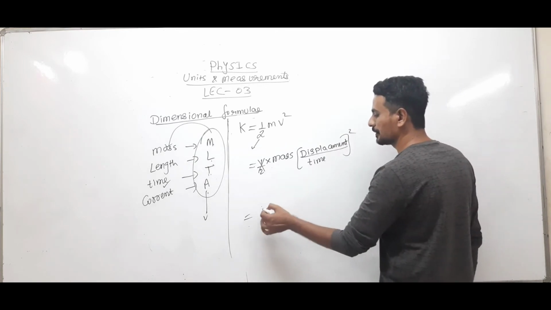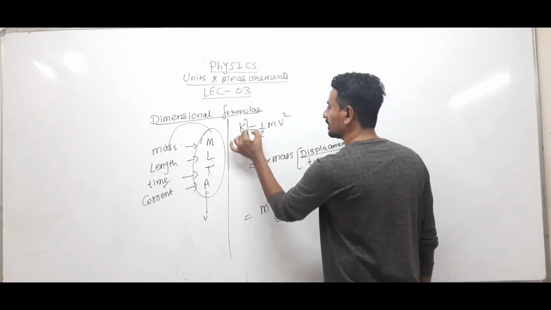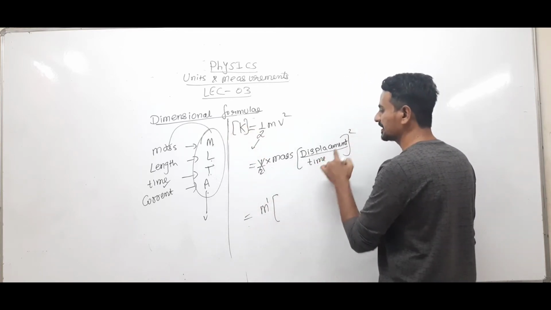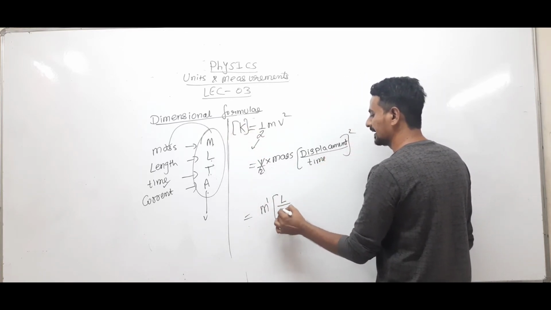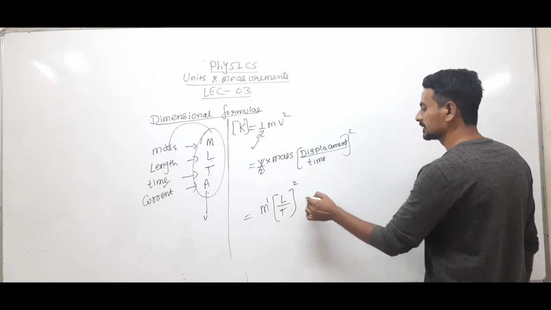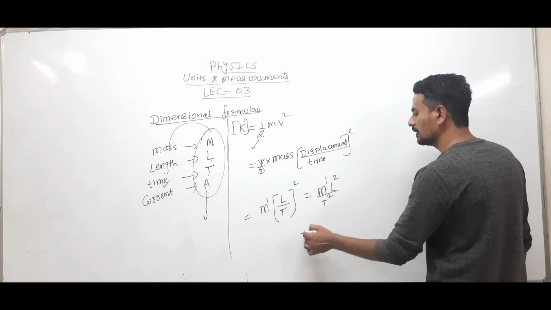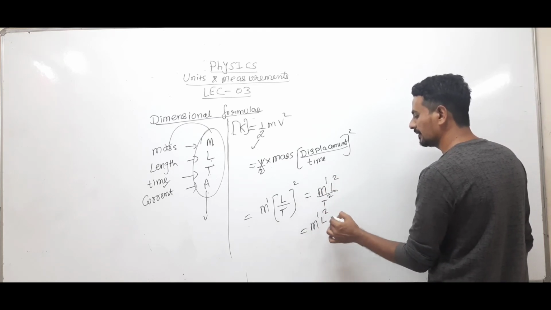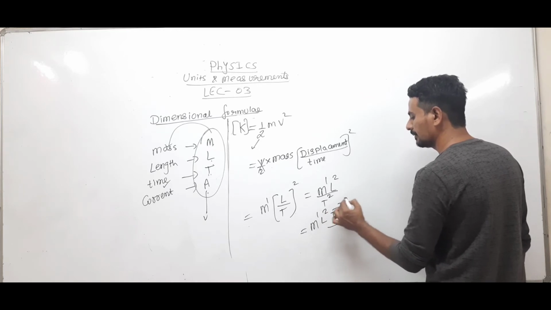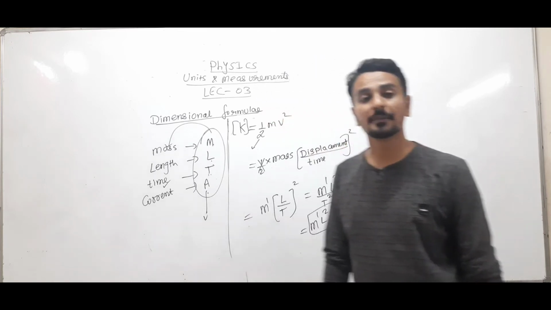Okay, mass, so it will be M1 bracket. Kinetic energy, this should be written in bracket. Displacement, that means length by time, the whole square. So this is M1 L2 T2. So this will be M raised to 1, L raised to 2, T raised to minus 2. This is the dimensional formula for kinetic energy.